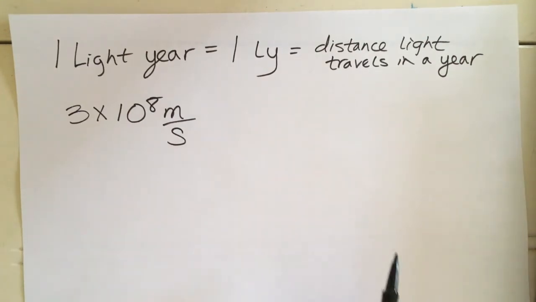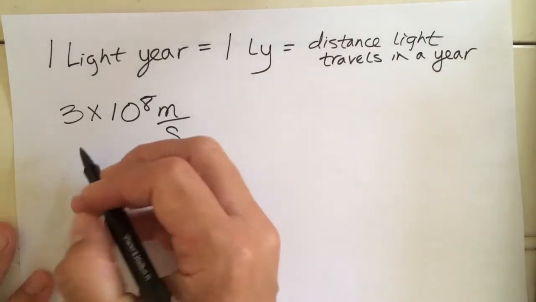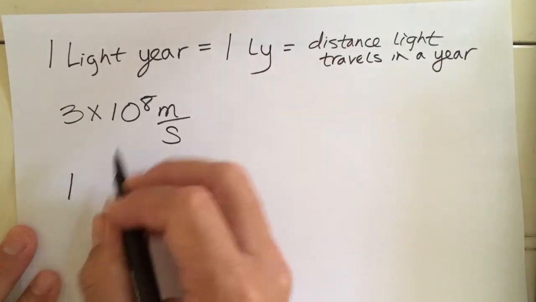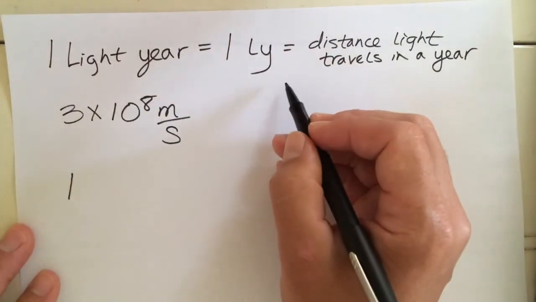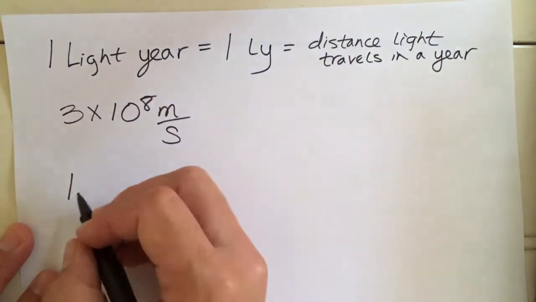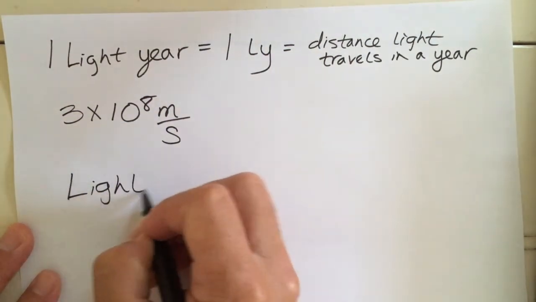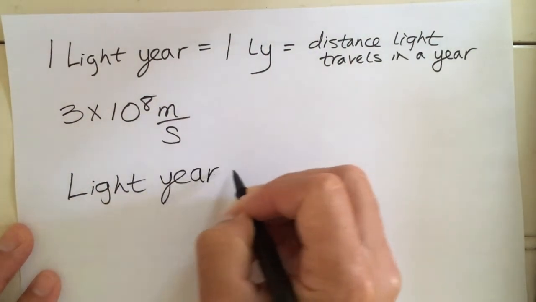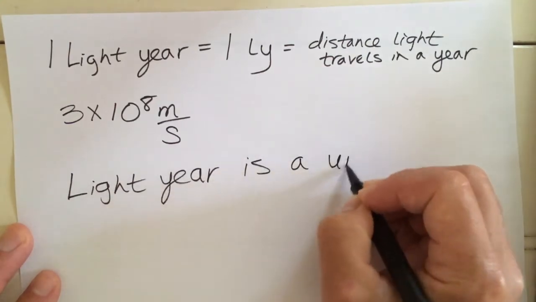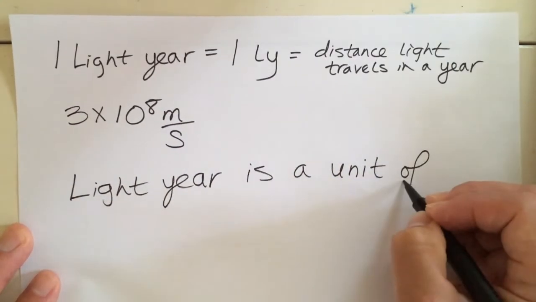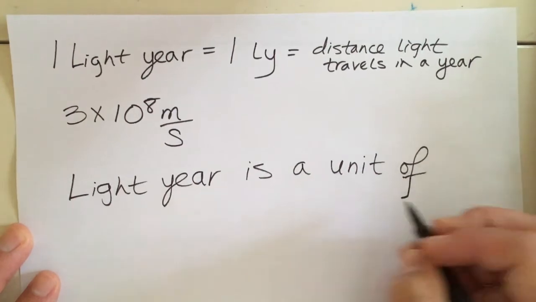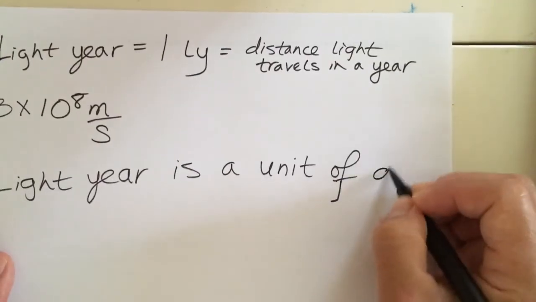So the question is, if a light year is a unit of distance, let me write that down. A light year is a unit of distance.